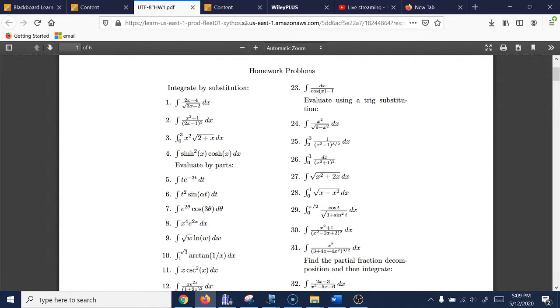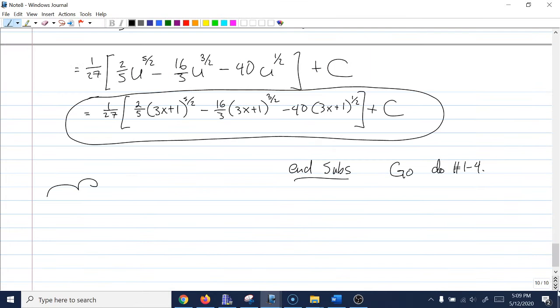Hey, maybe your Cal 1 teacher didn't talk about what sinh is. Let's talk about that real quick. There's these functions. SINH is pronounced cinch when you say it out loud. And it's the hyperbolic sine function.